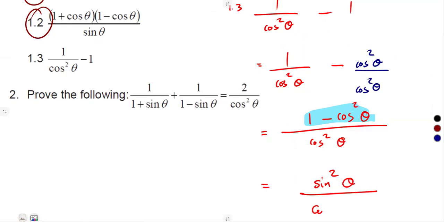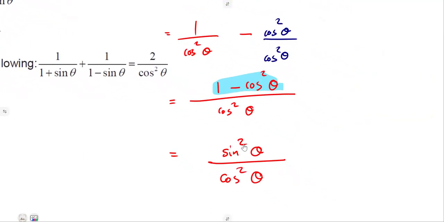In the denominator, I have cos squared of theta. So looking into this, guys, there is no difference between sine squared over cos squared and rewriting this as the sine of theta over the cos of theta, squared.